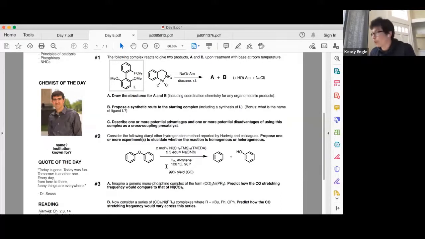There's no real supporting ligand other than TMEDA, which is a viable supporting ligand, but might not be stabilizing enough for these extreme operating conditions. So there are some reasons to suspect that this might not be a purely homogeneous process. So if we wanted to get at this question, homogeneous versus heterogeneous, what types of experiments would we do?